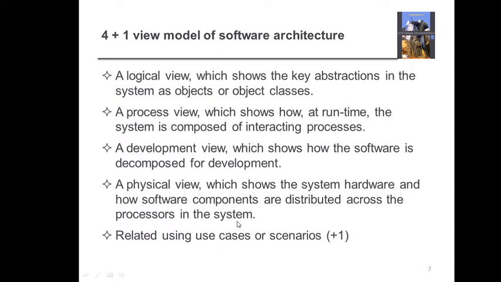Physically means how different components are being, like you can say, how they are being used, like hardware interfaced for the purpose of using the system properly. And the last one, this plus one, is related to the use cases or the scenarios.